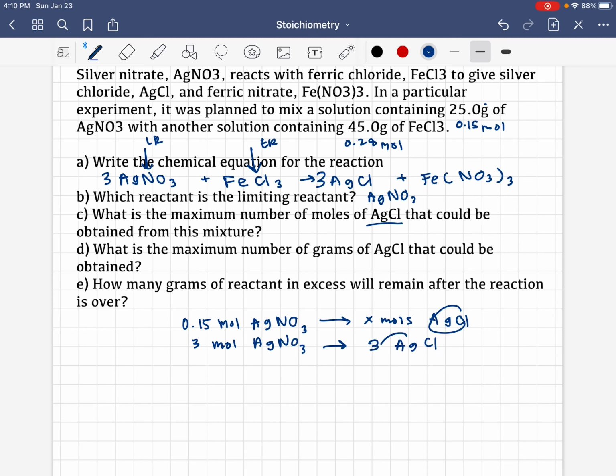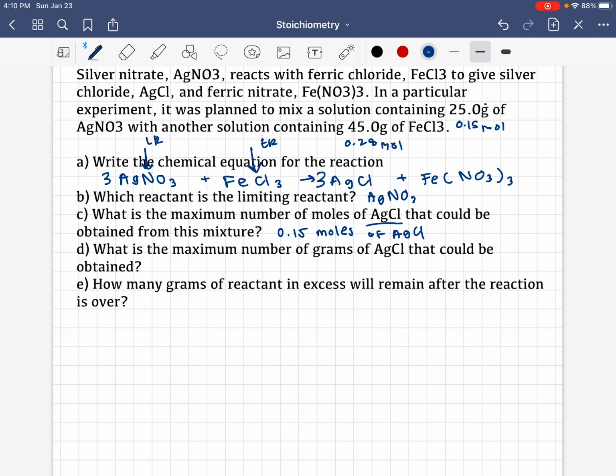So this is our product that we're trying to find how much it can make. When you solve this, you get x equals 0.15, and this is the number of moles of AgCl that can be obtained. So from this mixture, you can produce 0.15 moles of AgCl.